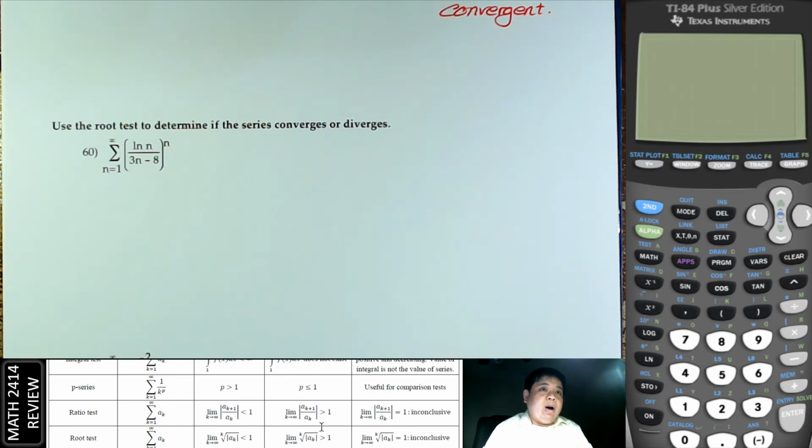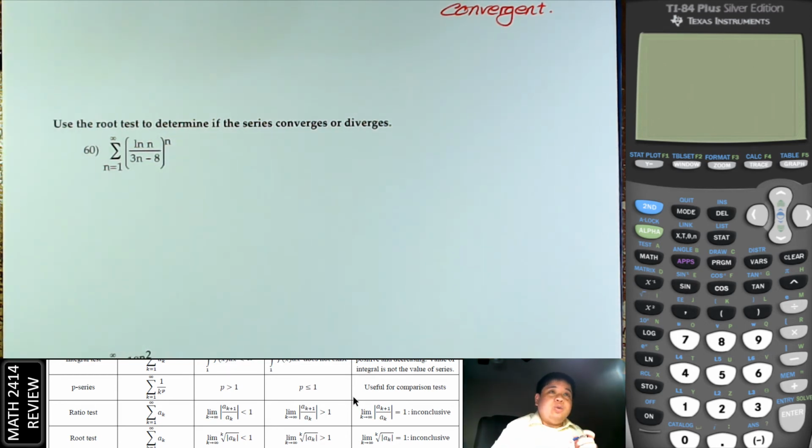If it's greater than 1, it is divergent, inconclusive if it's equal to 1. So usually we use the root test where we have the whole thing raised to the power like this.